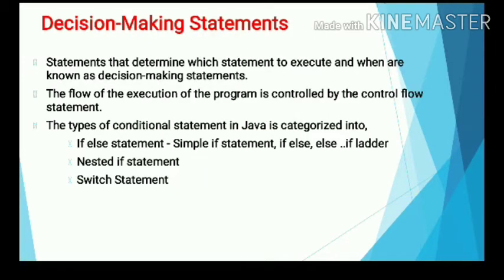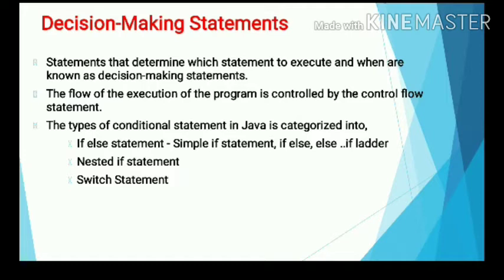The first one is decision making statements or control statements. What do you mean by decision making statements? Statements that determine which statement to execute and when are known as decision making statements. The flow of the execution of the program is controlled by the control flow statement.